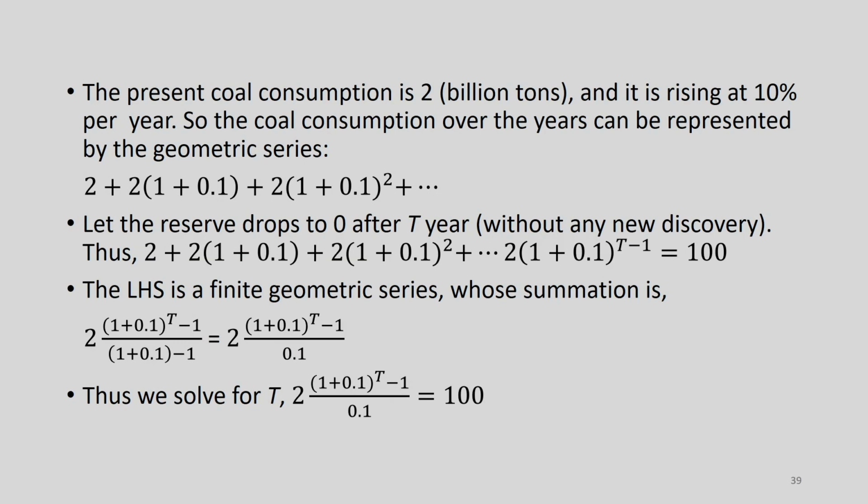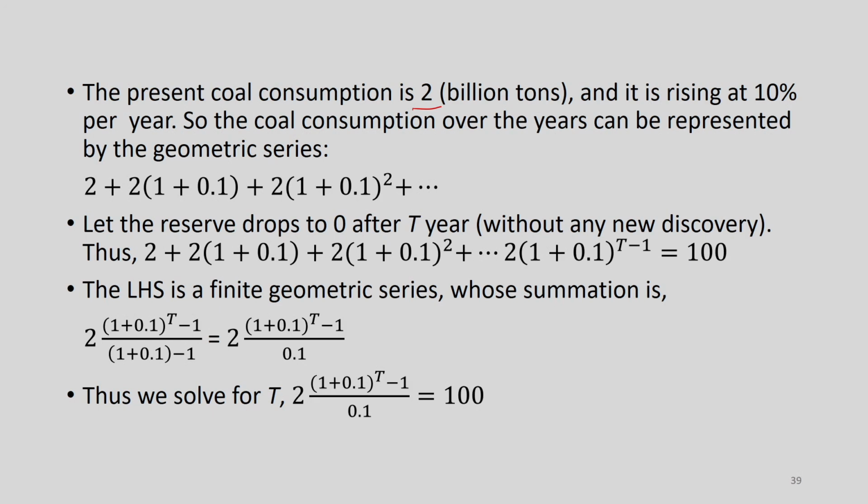Now, how to get around this problem? The present coal consumption is 2, let us suppose I am just writing in terms of numbers, I am forgetting about the units, 2 billion tons, and it is rising at 10% per year.